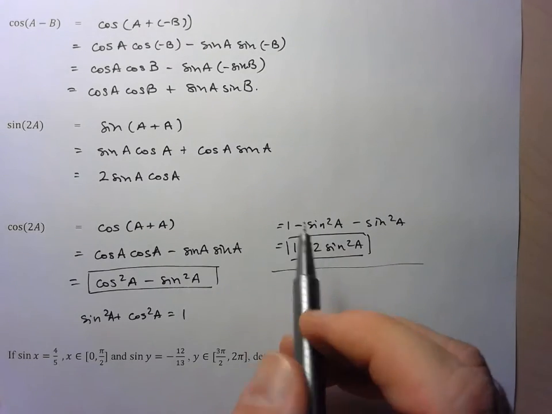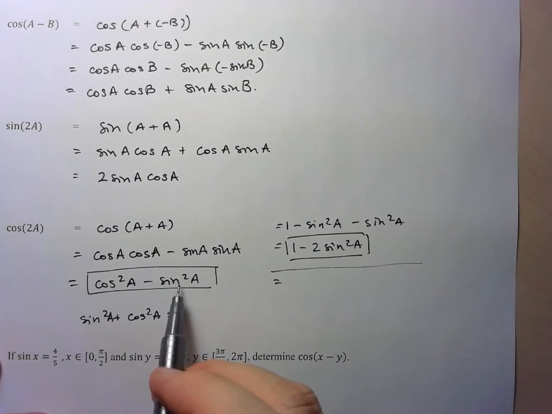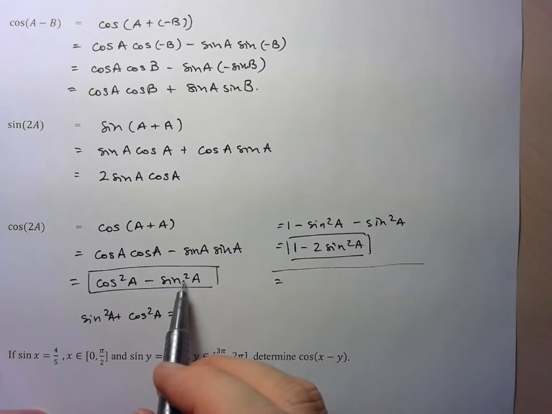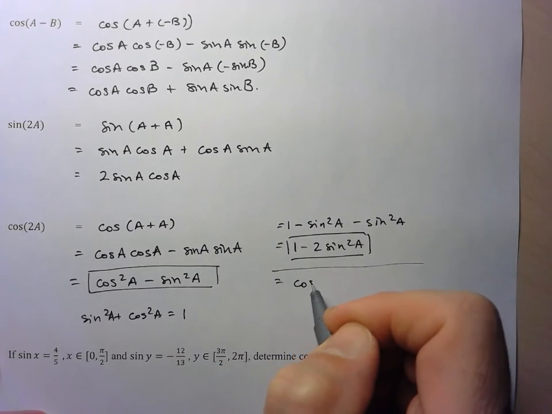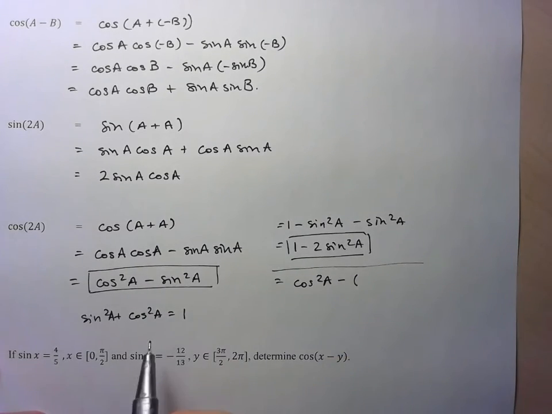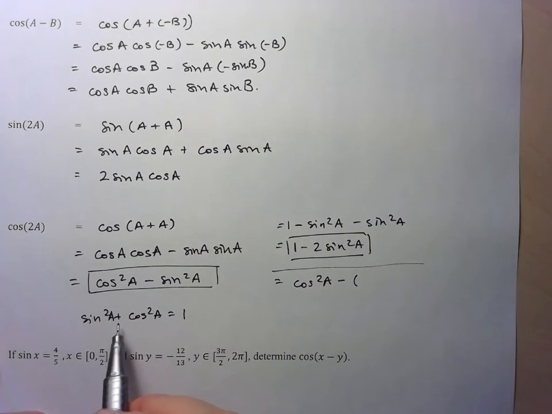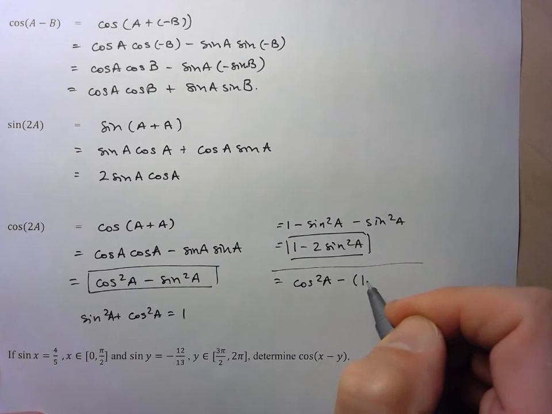What's nice about this one here is it only contains sine of a. We can do the same thing here, but this time change the sine squared a into 1 minus cosine squared a. So here we've got cos squared a, I'll leave that one the same, minus, and now here, I'm just going to replace sine squared a by 1 minus cos squared a.